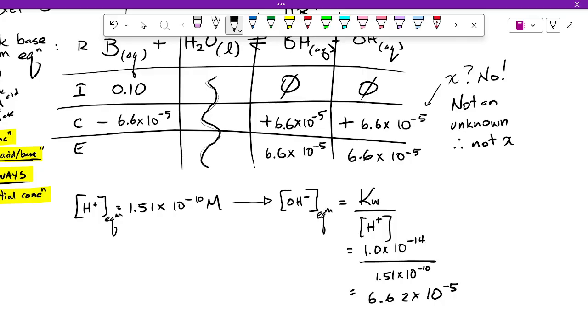And now this is where you get to use your judgment. Is 6.6 times 10 to the minus 5 going to make a difference to the number 0.10? No, because it's way too many decimal places away. So you can just say that that is equal to 0.10. Okay? Now, what if it weren't 6.6 times 10 to the minus 5? What if it were 6.6 times 10 to the minus 3?